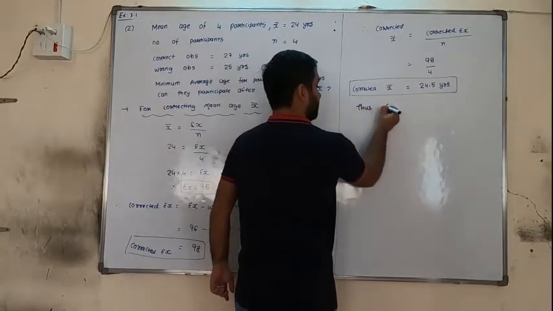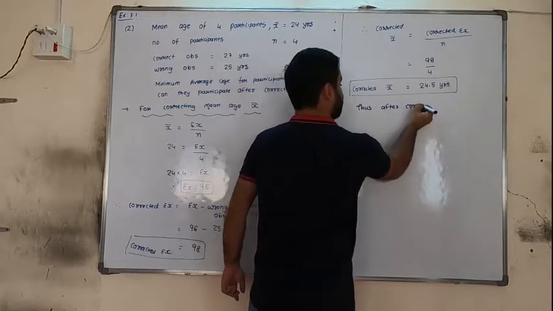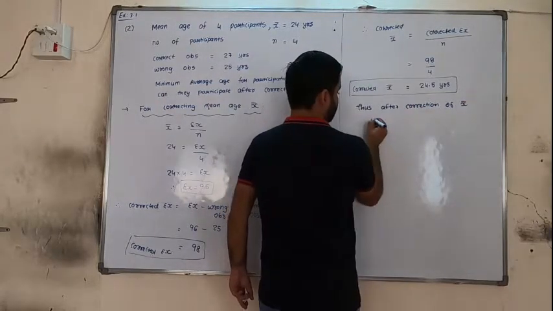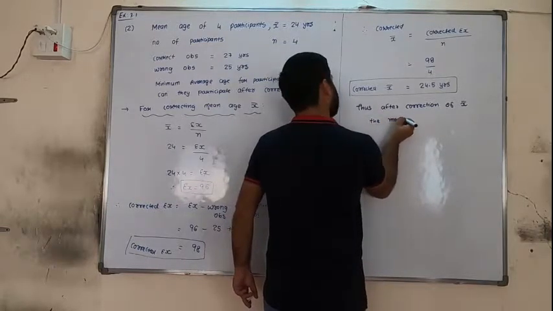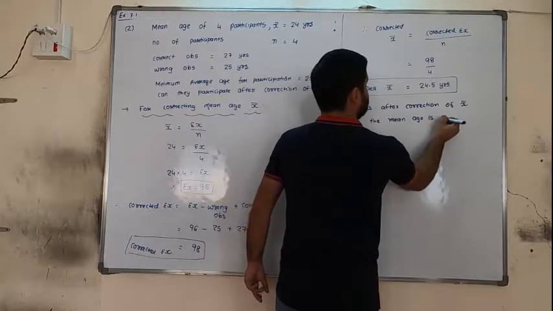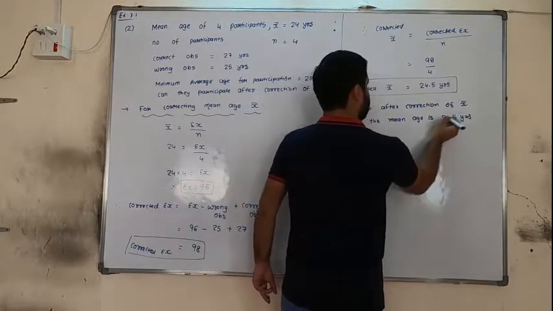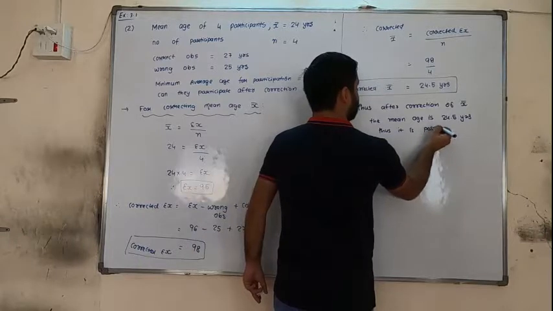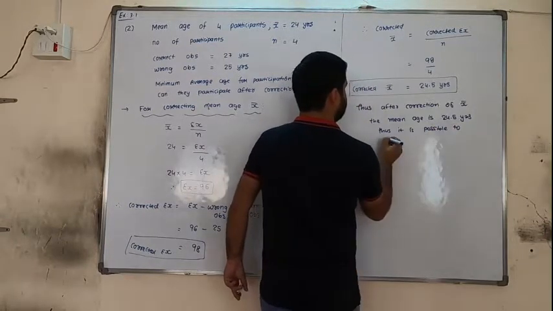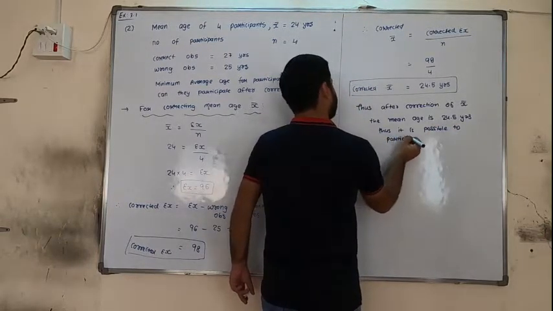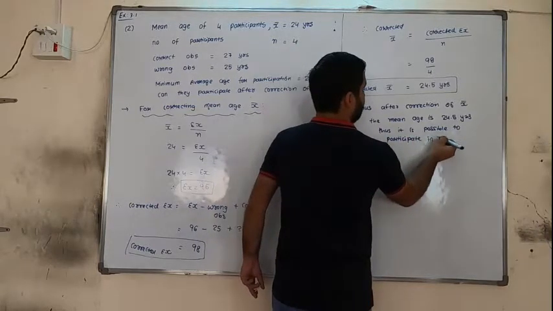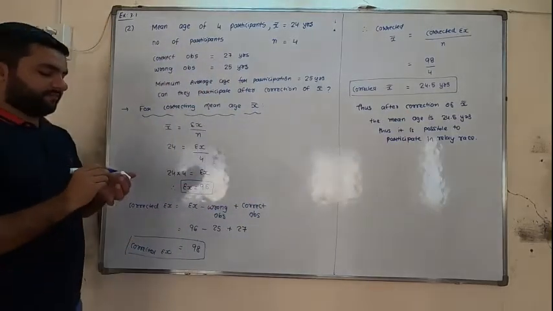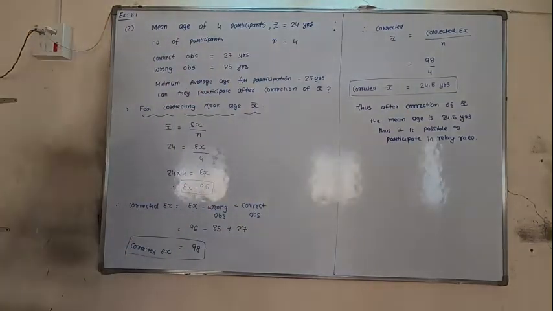Thus, after correction of x bar, the mean age is 24.5 years. Thus, it is possible to participate in the relay race. As the condition is fulfilled, we can participate in this relay race.